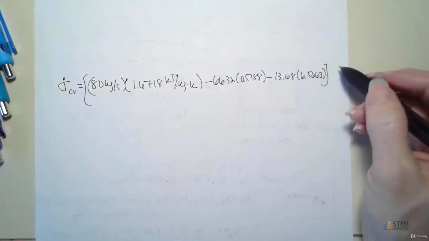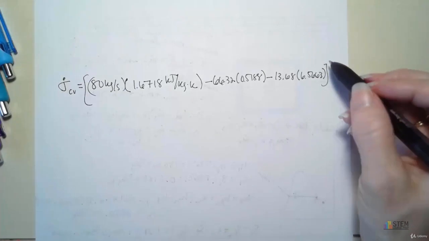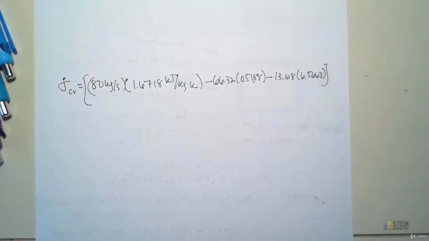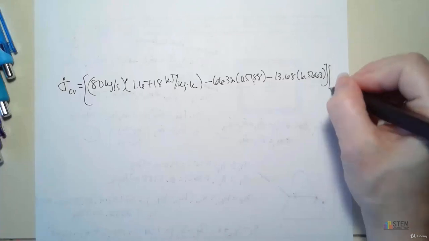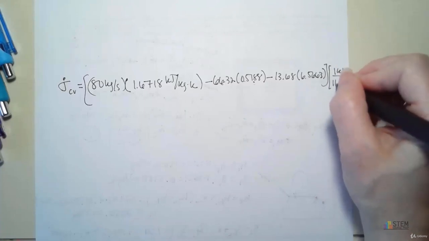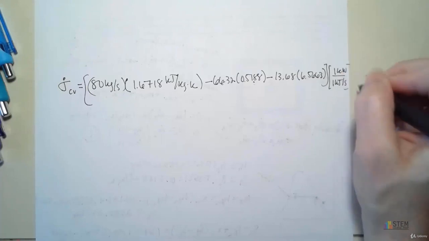Now we've got that. And notice these units, I left them off, but the conversion we're going to need is 1 kilowatt per 1 kilojoule per second.